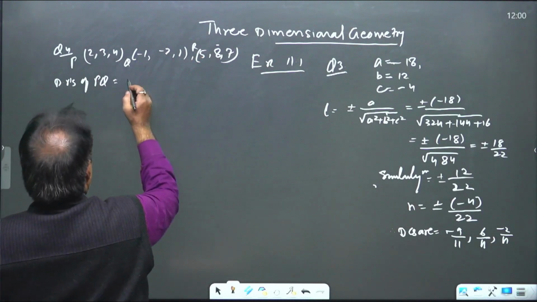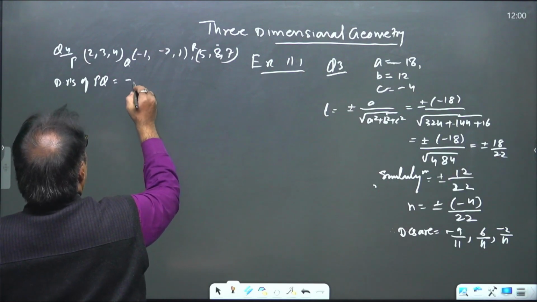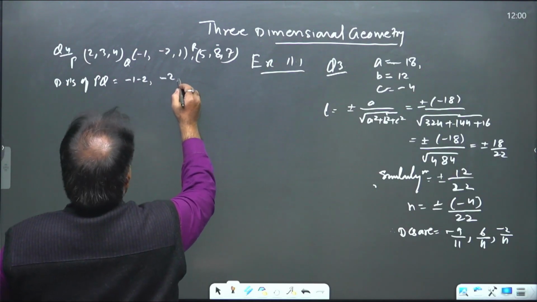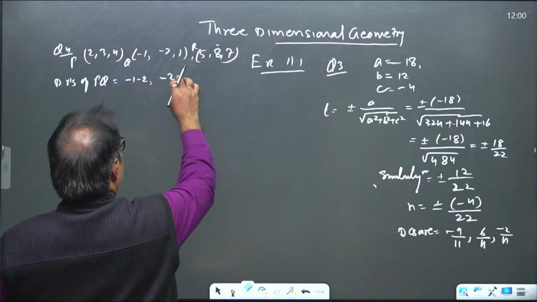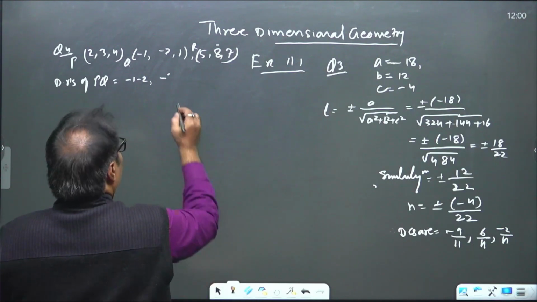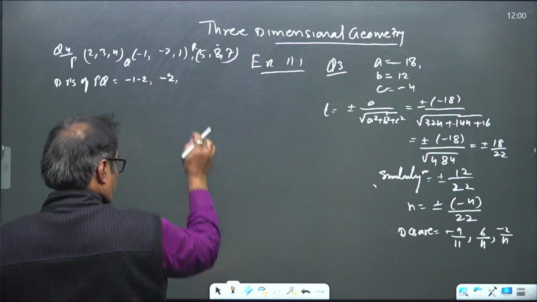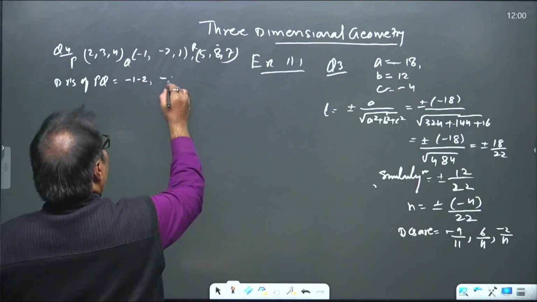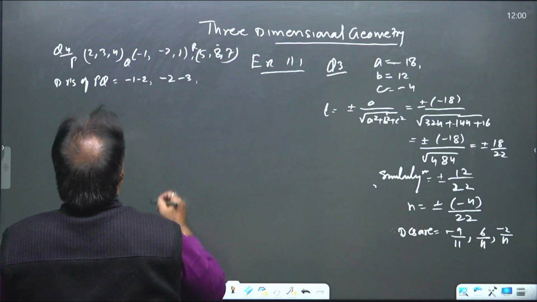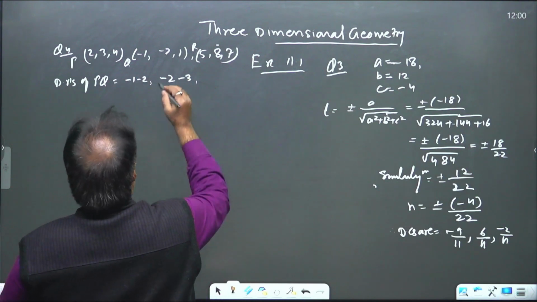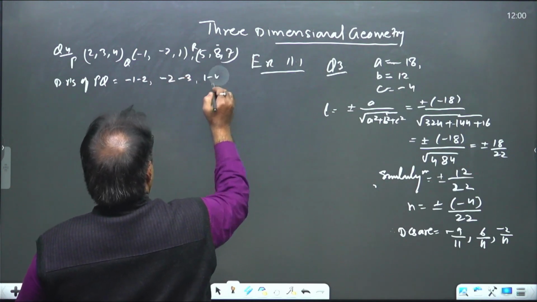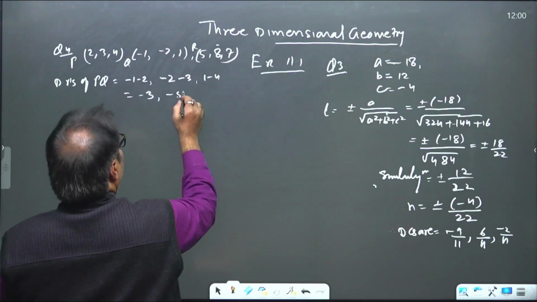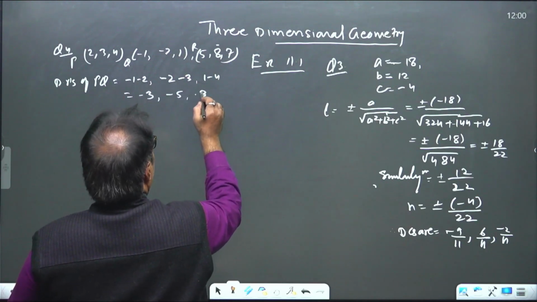So minus 1 minus 2, which is minus 3, then minus 2 minus 3, and 1 minus 4. So this is equal to minus 3, minus 5, and minus 3.